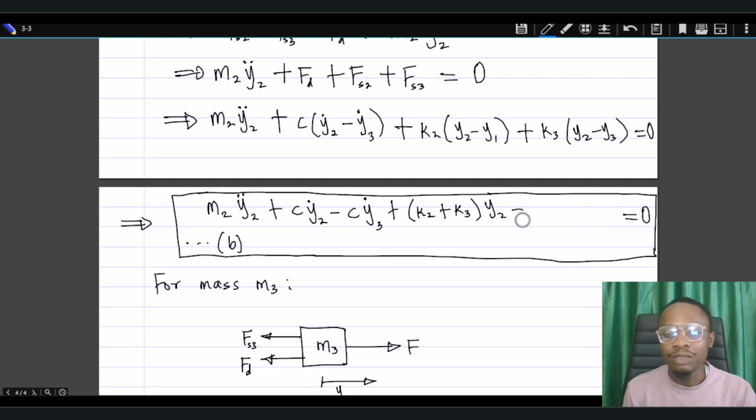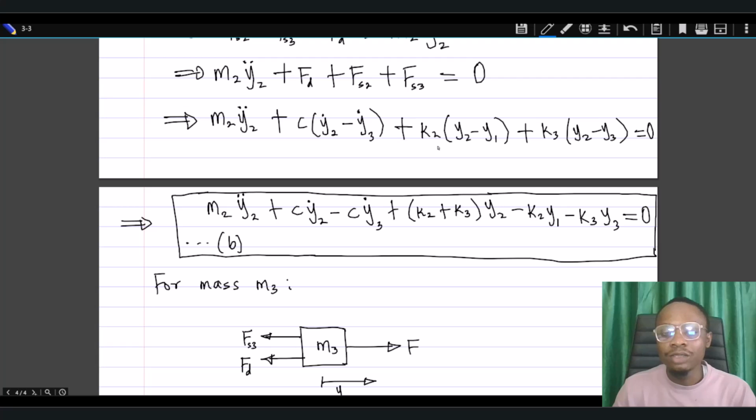K2 is going with y1, so this is k2 y1. Then minus k3 y3, K3 is going with y3. If you find that confusing, you might just leave it this way. It's fine. It just looks better this way so that we can easily relate the positions of the different bodies to the dynamics of this mass m2. So yes, that is corrected.